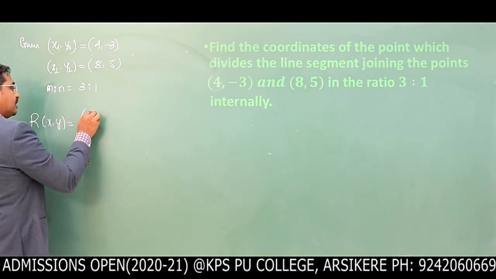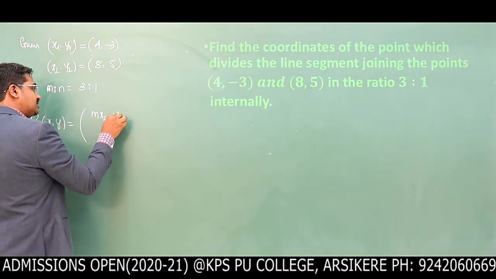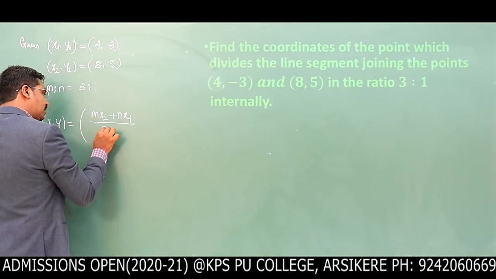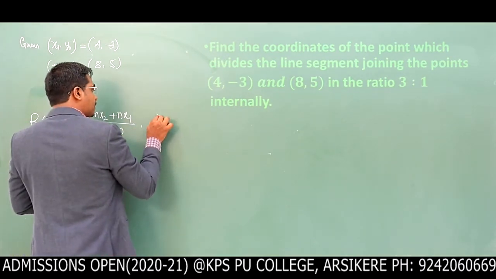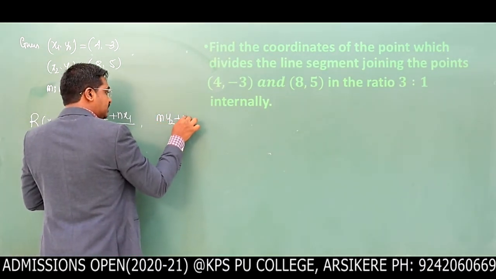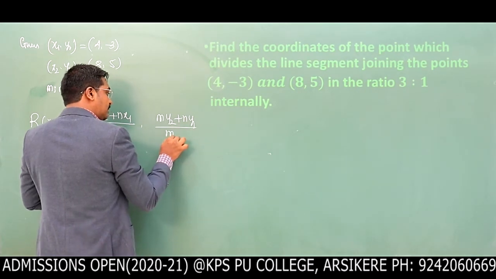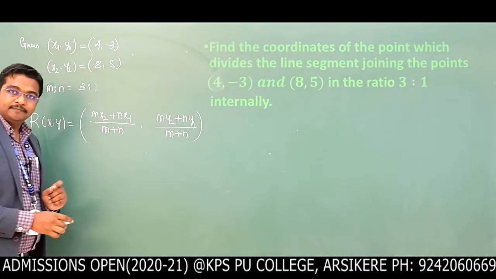So the formula is mx2 plus nx1 divided by m plus n, comma my2 plus ny1 divided by m plus n. Is that right?